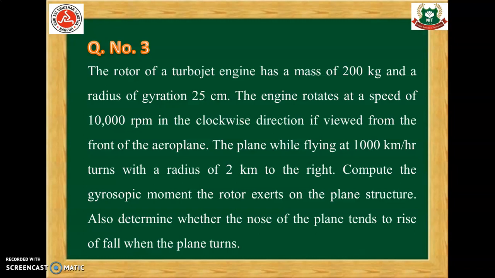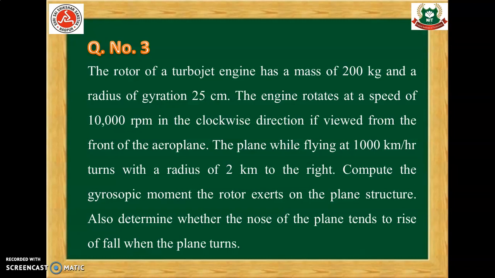The rotor of a turbojet engine has mass of 200 kg and a radius of gyration 25 cm. The engine rotates at a speed of 10,000 rpm in a clockwise direction if viewed from the front of the airplane. The plane, while flying at 1000 km per hour, turns with a radius of 2 km to the right.